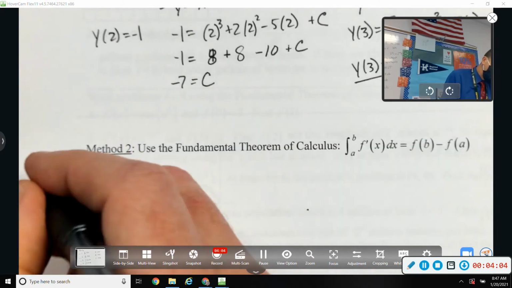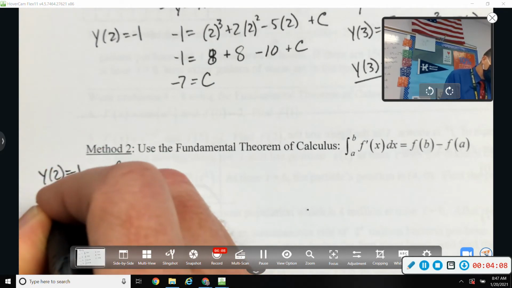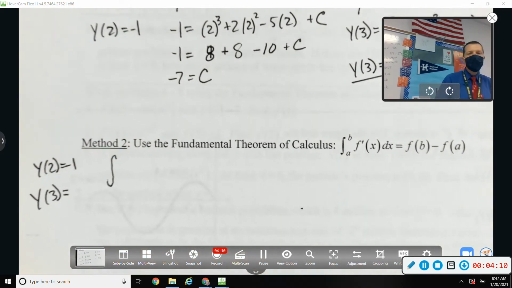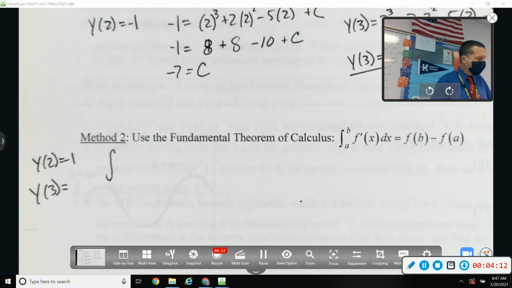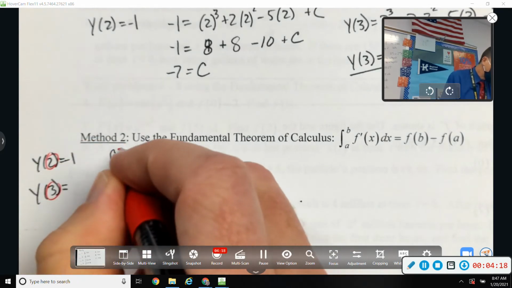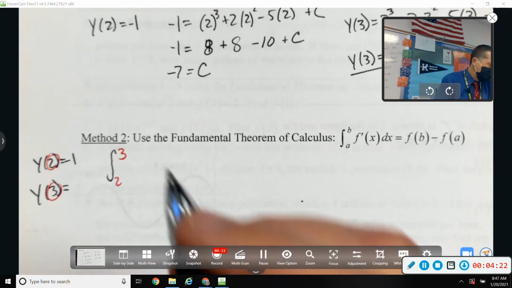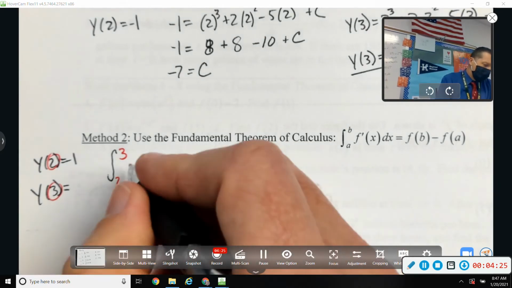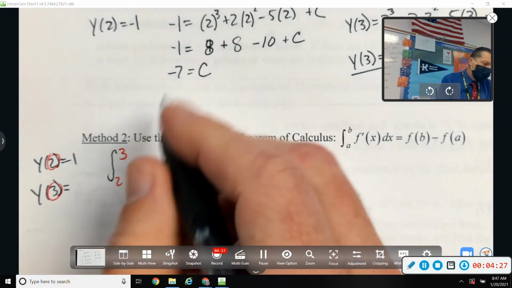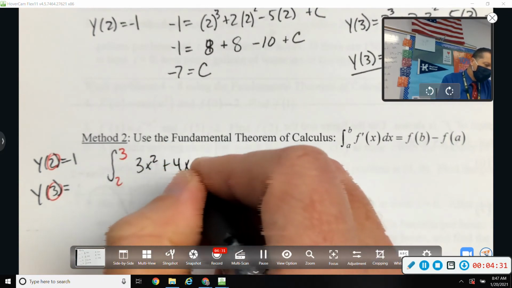Now we know that y of 2 equals negative 1, and we're trying to find y of 3. So we should probably use those as our limits. So we'll go from 2 to 3, and we'll integrate 3x squared plus 4x minus 5.